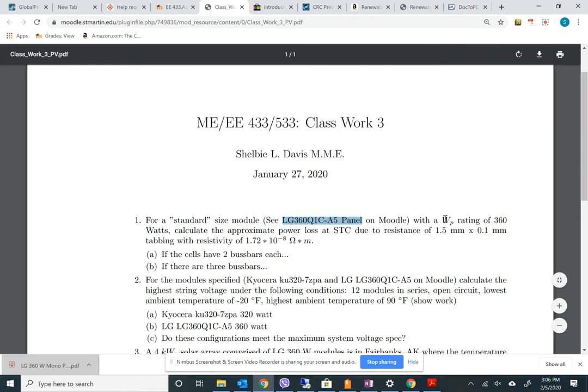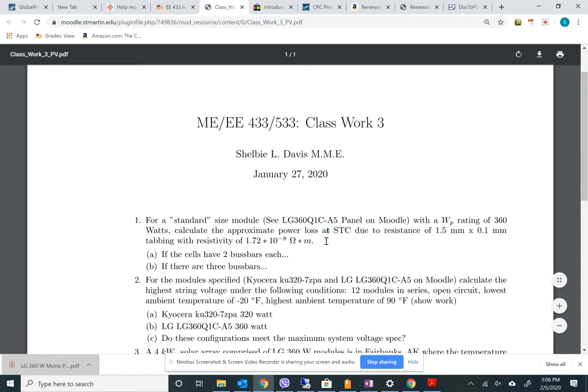So it has a rating of 360, right? That makes sense. So the nameplate rating is 360 watts. And then it says calculate the approximate power loss at STC due to resistance of this tabbing.